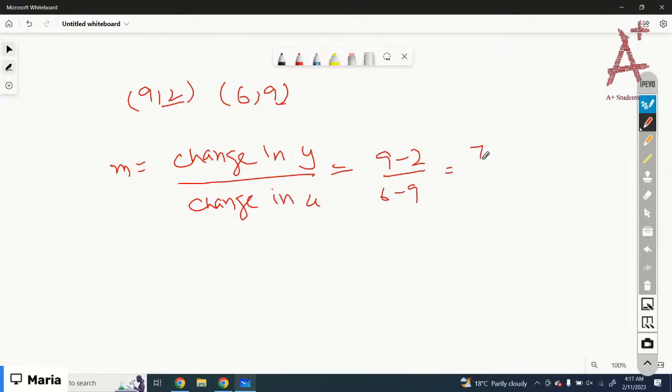So 9 minus 2 is 7 and 6 minus 9 is negative 3. Got it? That means the slope equals negative 7 over 3.